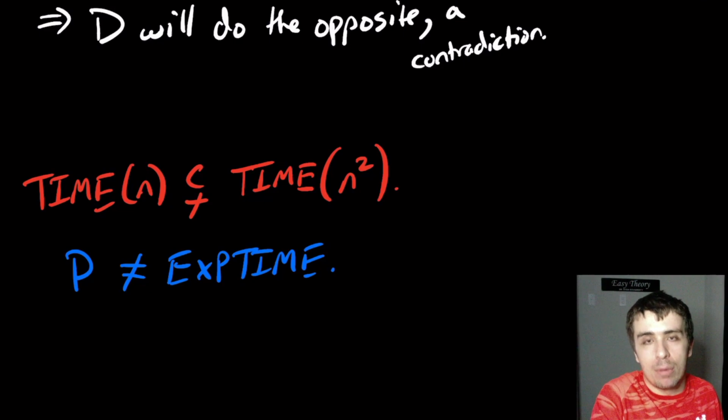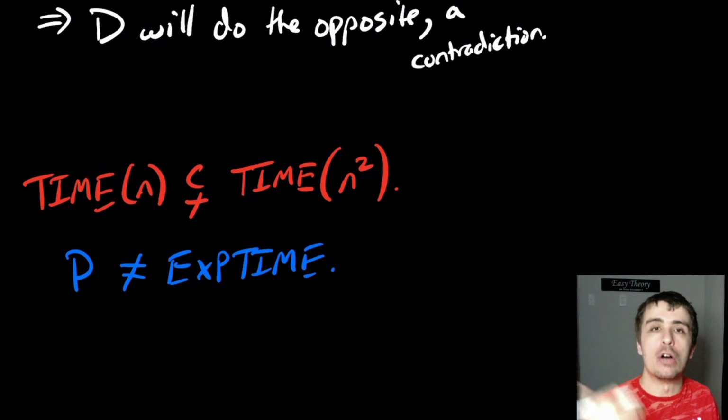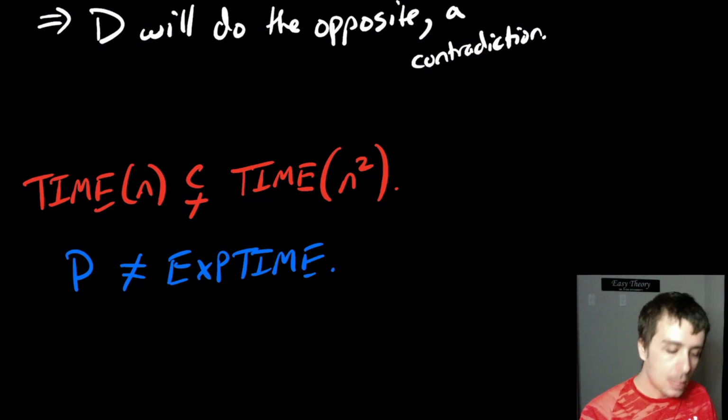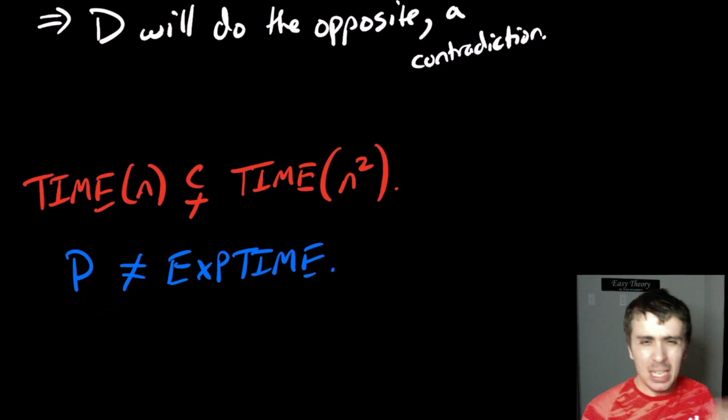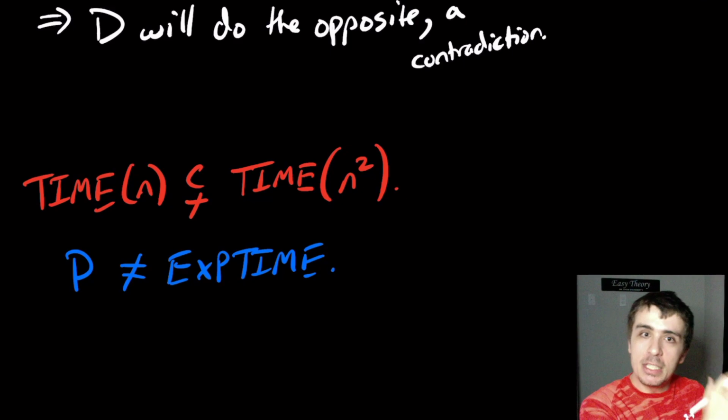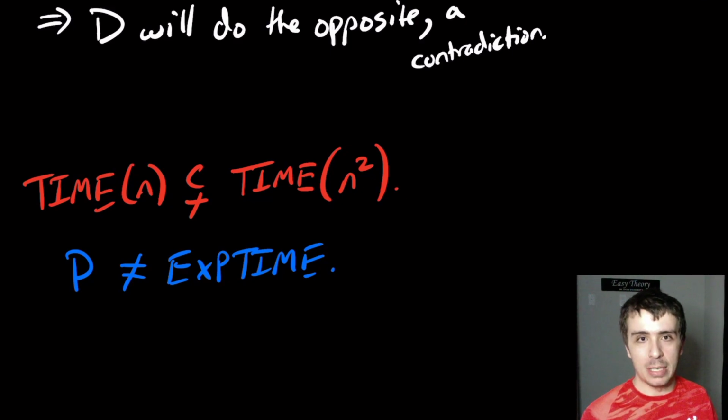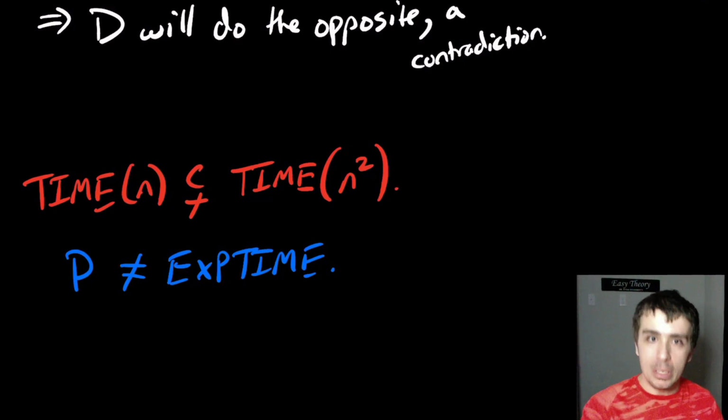But as of the recording of this video, we do not know if any of them are actually strict, which is kind of interesting. You know that one of them is strict, but you don't know which one it actually is. We believe all of them are, but we don't know which one specifically.